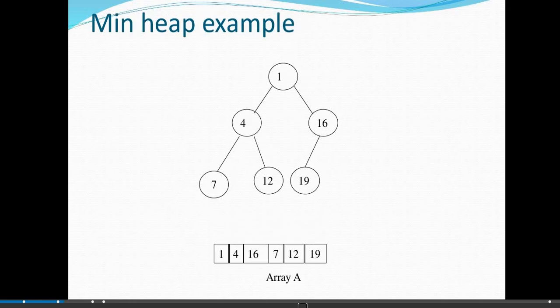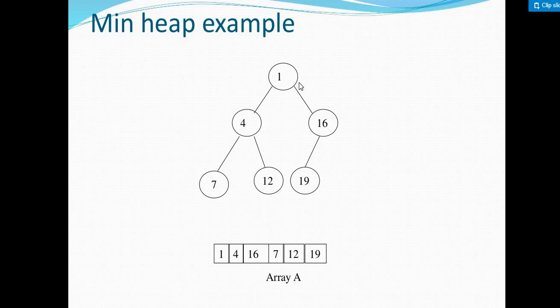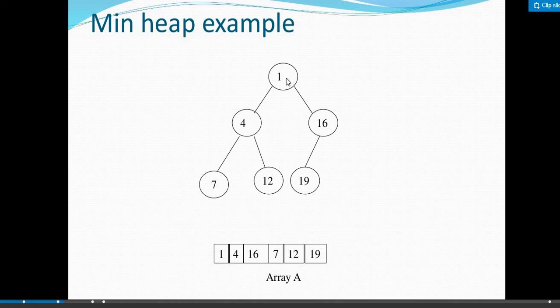Second is the min-heap method. When we apply the min-heap method, the root is always smaller in size than the child nodes. See here that 1 is the root node, and 4 and 16 are both child nodes. So 4 and 16 are both greater than 1.